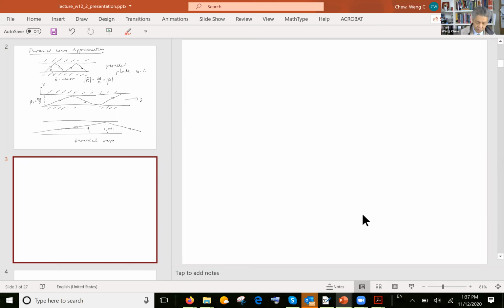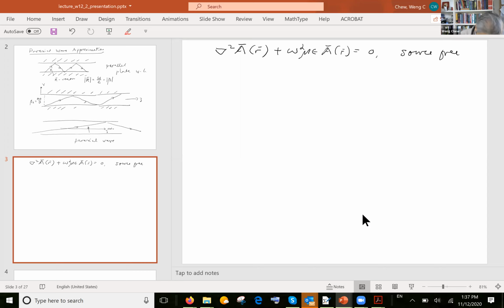So in order to do that, we can study this vector wave equation for vector potential. We know that when the frequency is very high, or irrespective of what the frequency is, the vector potential satisfies this equation, for source-free medium. Then we also know that there's a scalar potential that is associated with this, and that scalar potential is given by this equation over here.